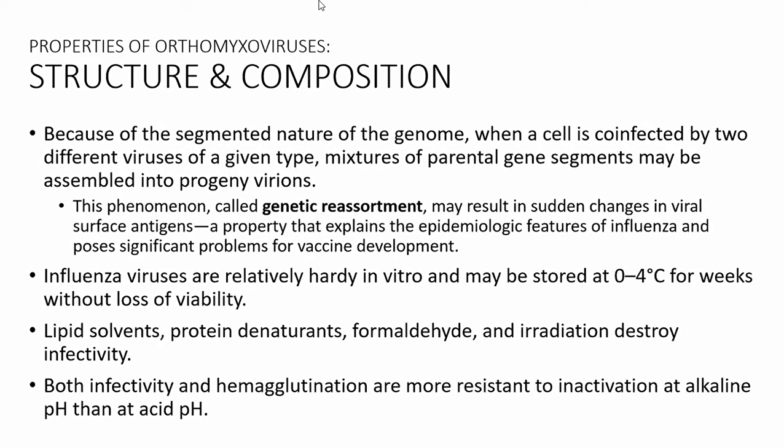Because of the segmented nature of the genome, when a cell is co-infected by 2 different viruses of a given type, mixtures of parental gene segments may be assembled into progeny virions. That's why there is genetic reassortment, because there will be changes, especially if different viruses were to infect a single individual.